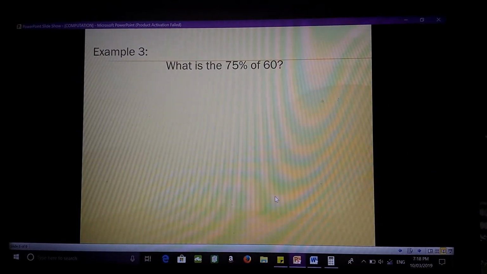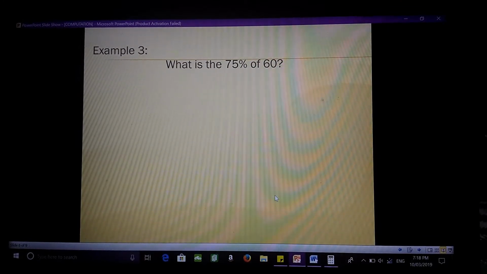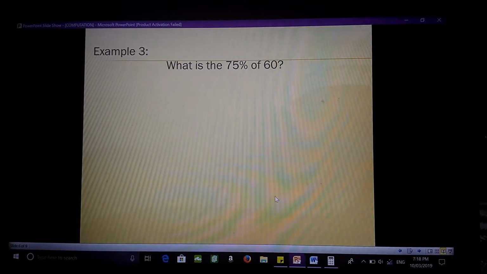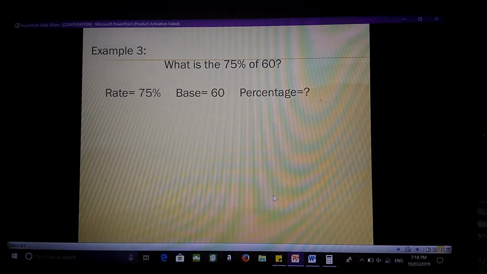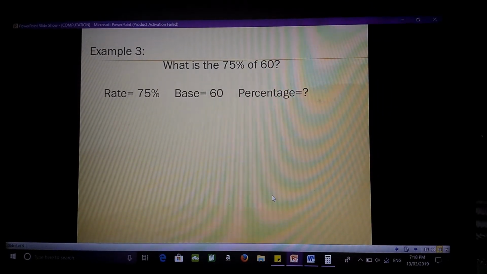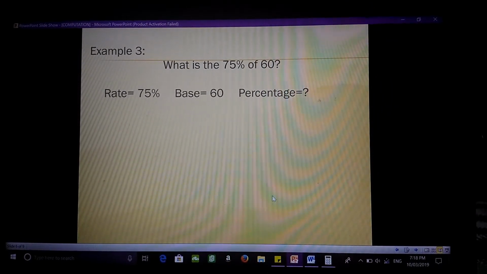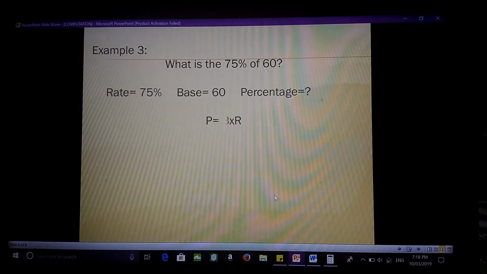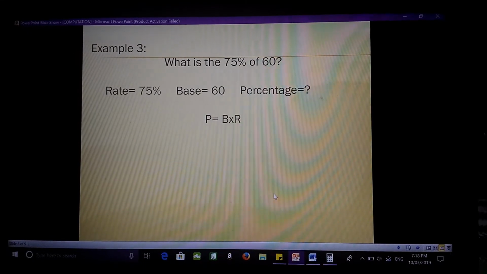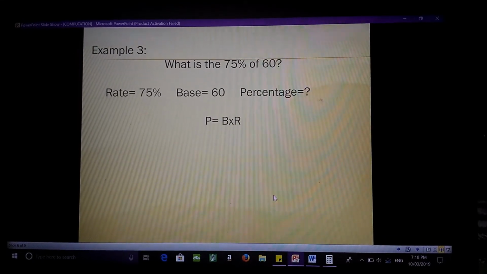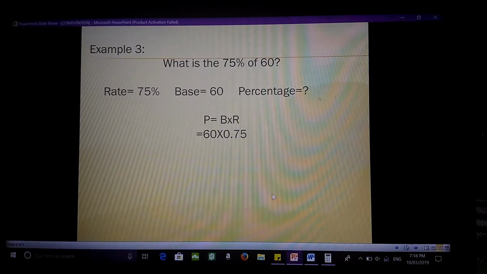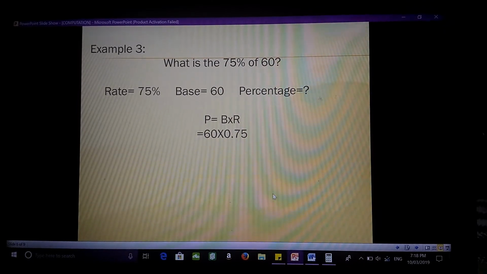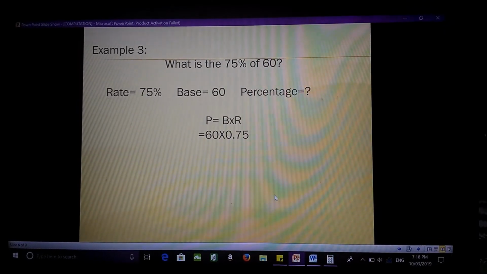Next example. What is the 75% of 60? So the given rate is 75%, base is 60. For now, we are looking for the percentage. So percentage is equal to base times rate. So it will be 60 multiplied by 0.75.